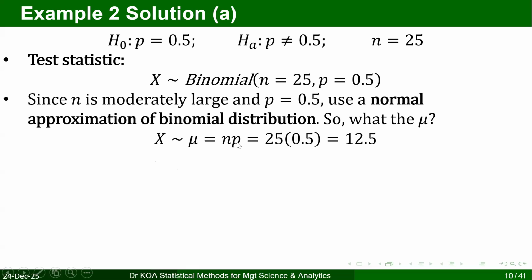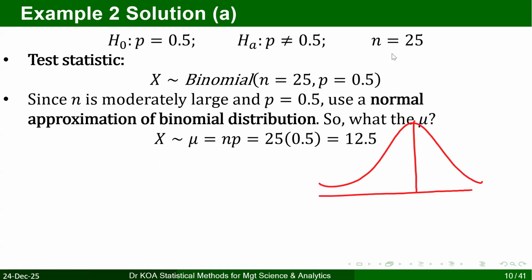N is the sample size, P is the probability of success. N is 25, P is 0.5, so you have 12.5 as a mean. So I can now use this graph, going back to the point even Emily answered, and say that the middle here is 12.5.